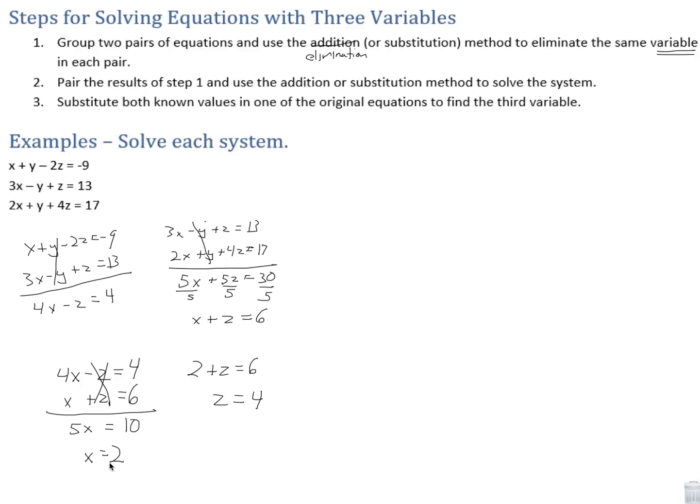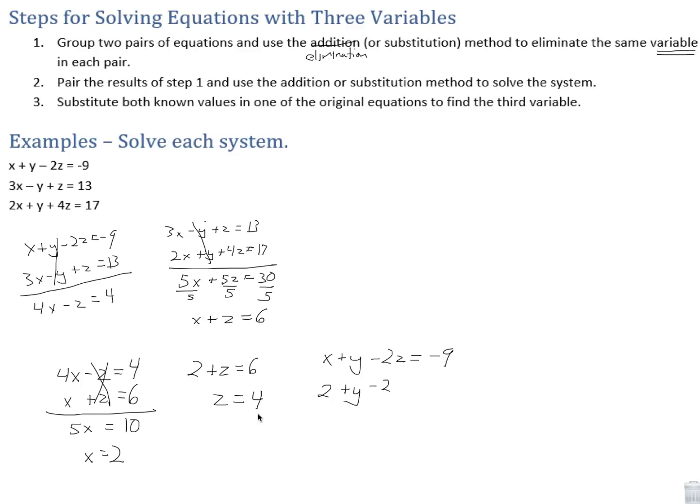So we're going to take x equals 2 and z equals 4 and put them into any of these three. Doesn't matter which one. I'm going to choose the top one. Looks pretty easy for us, so I'm going to write this out. Again, you could use the second equation or the third equation. And we know x was equal to 2. We're trying to find y, so we leave that in there.